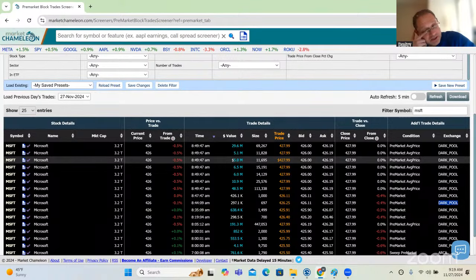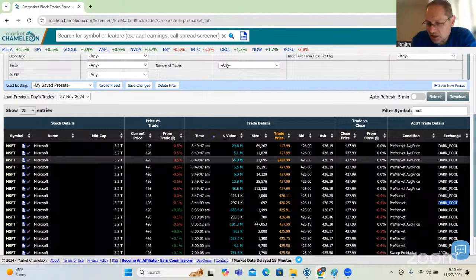Because you could have a big order in a dark pool that got filled and the market changed, or you could have had a big dark pool order that got filled, but the market continued to go higher. Maybe there is a very big buyer or seller, or multiple buyers or sellers. So that's where it's not a perfect answer.